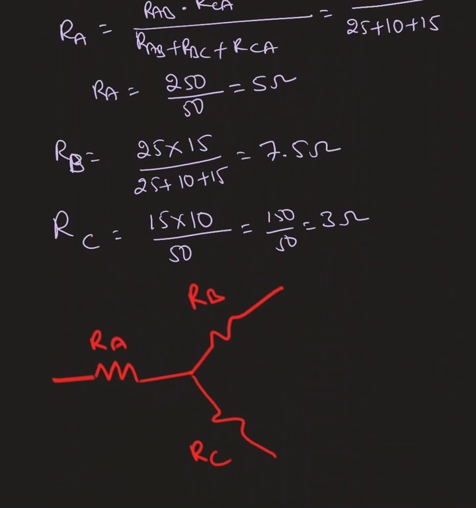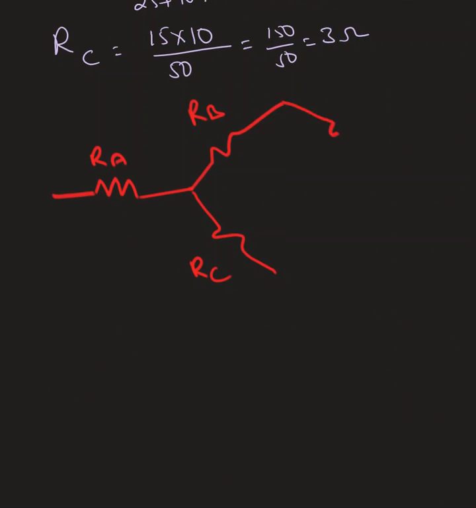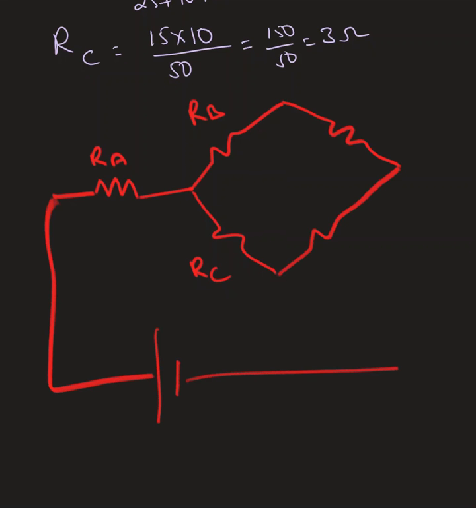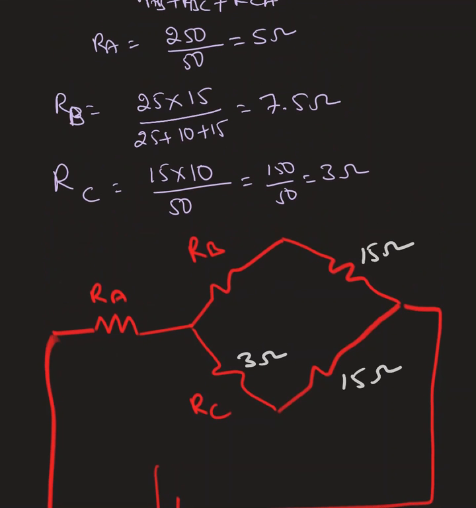Now from there we have two more resistors, and then this whole thing is connected to a source. Here this is 15 ohm, this is also 15 ohm. We just found this as 3 ohm. This is 5 ohm, and this is 7.5 ohm.